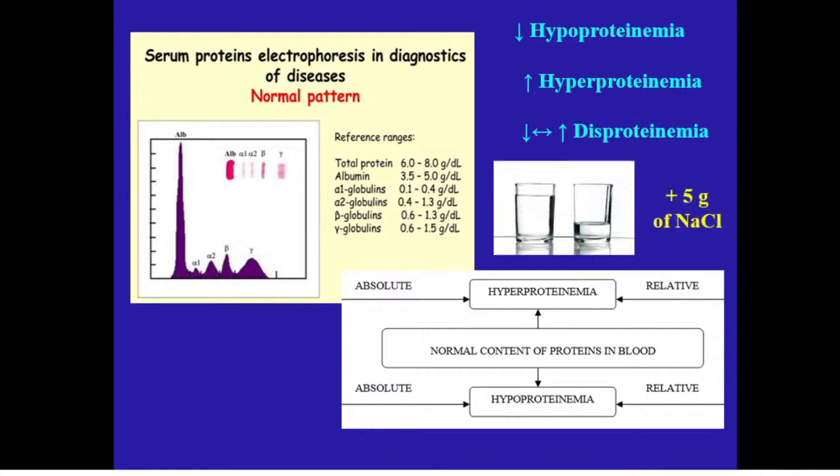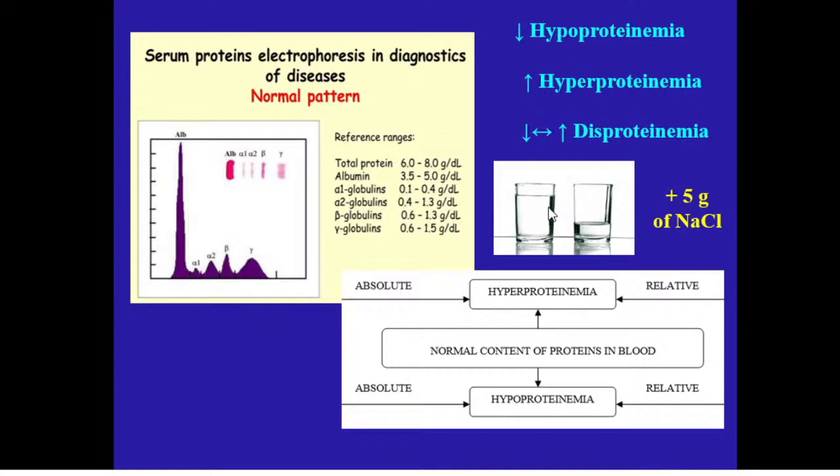To explain this, look at these two glasses with water and imagine that we put the same quantity of substance, 5 grams of sodium chloride, in each of these glasses. The quantity of sodium chloride in both glasses will be the same, 5 grams, but the concentration, of course, here will be significantly higher. I think that's 3 times higher than here.